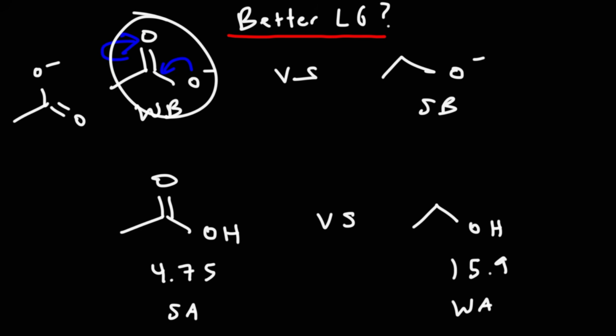There's a video that I have entitled Stability of Negative Charges, and it relates to which one's going to be the better leaving group. The one with the most stable negative charge will be the better leaving group. If you go to YouTube and type in Stability of Negative Charges Organic Chemistry Tutor, that video is going to show up. It covers 7 factors, if I remember correctly: atomic size, electronegativity, hybridization, resonance or electron delocalization, which we just covered, and some other factors.